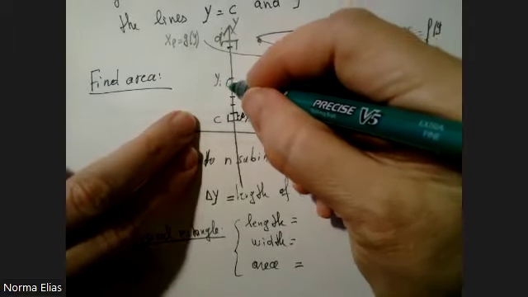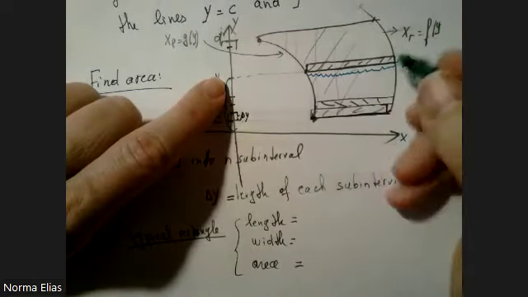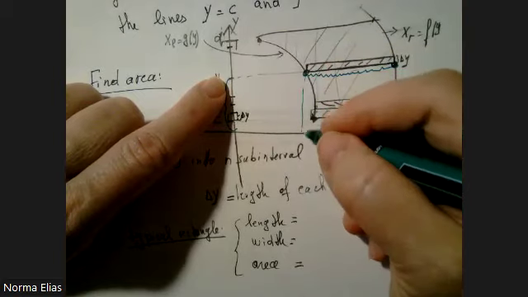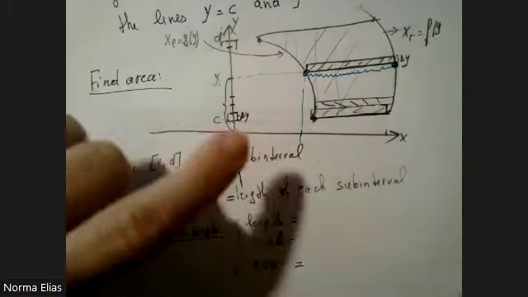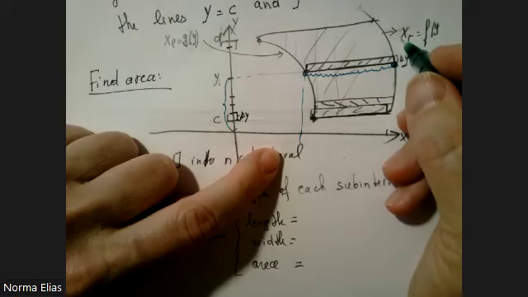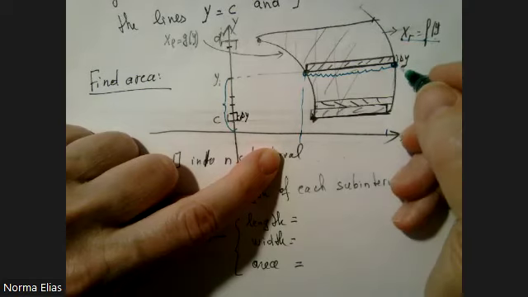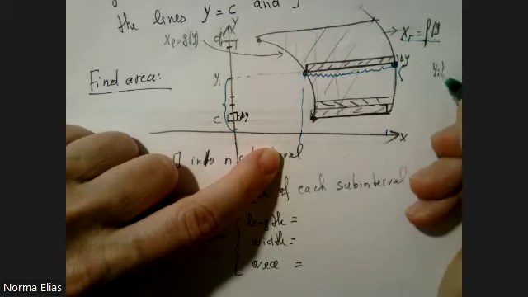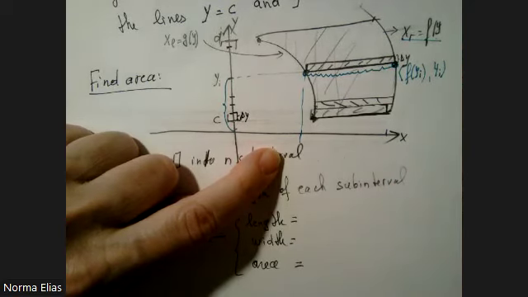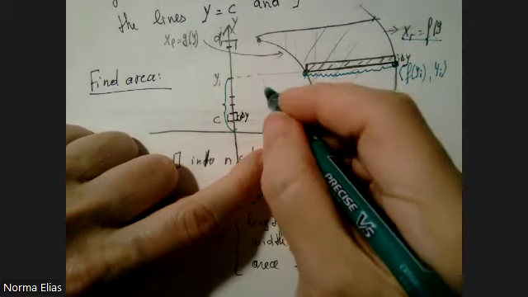In this situation, I know the y is from here to here. To find the length, I need the x for this point, and I need the x here. Once I know these x's, I can take the difference between them. But we know that what you are given, if you know y, the formula gives you the x. So this point here is yi, f of yi, which is the right value. So this here is f of yi. The same here.